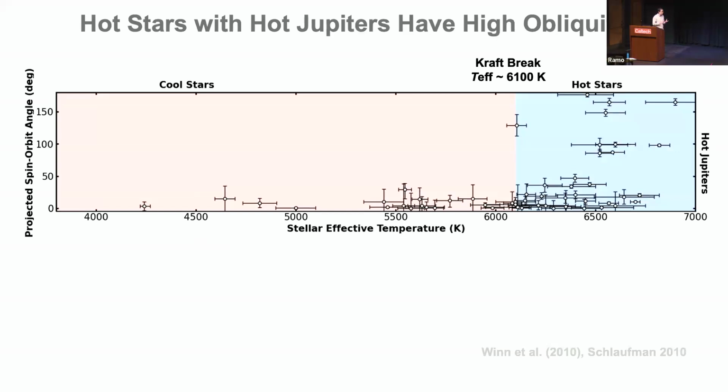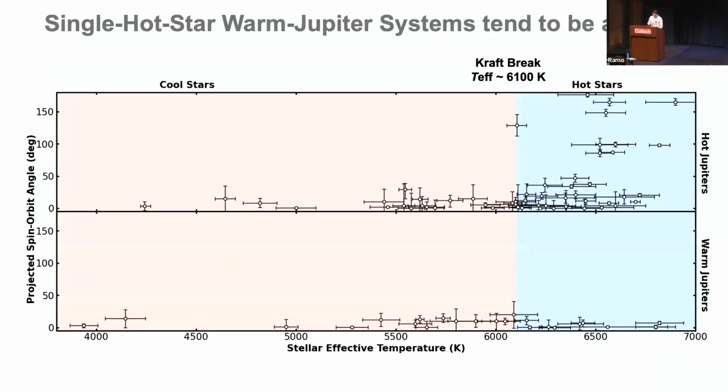Famously, the most notable feature of the stellar obliquity distribution for hot Jupiter systems is here. Hot Jupiters around cool stars tend to be aligned, but hot Jupiters around hot stars can have a high stellar obliquity. The lower panel shows the stellar obliquity distribution for warm Jupiters.